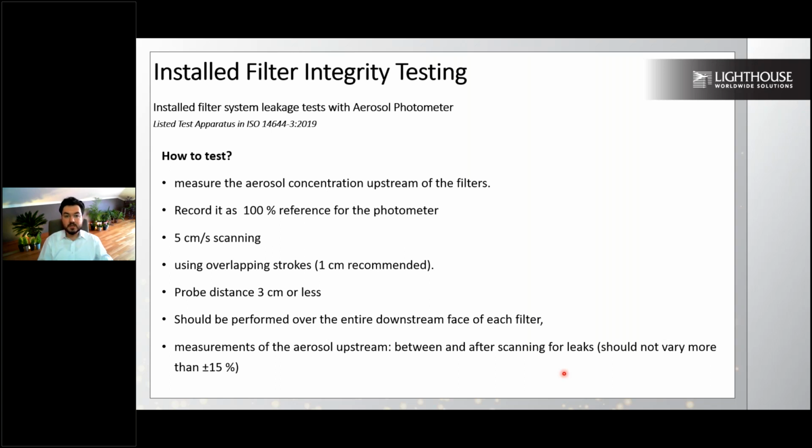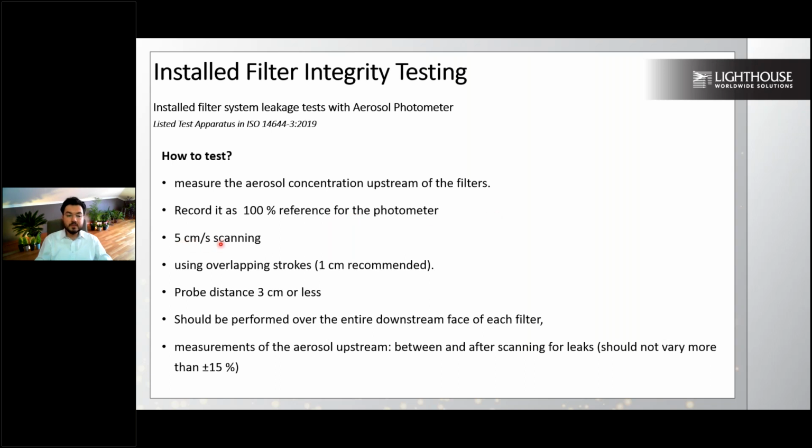This is one of the downsides for aerosol photometers. That's why at the end of your testing, as described here, you have to verify that your aerosol challenge is still between 85 up to 115% of your first initial recorded reference value.